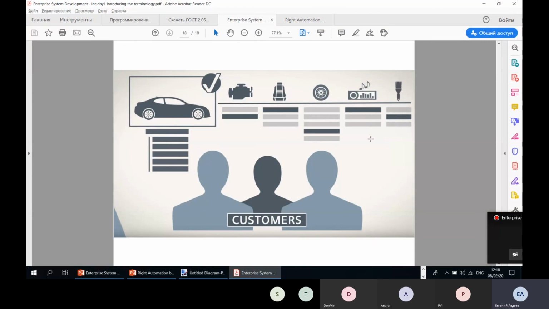Also, of course, it's not shown on this image, but customers can provide information about what they like in our product and what they dislike. They can provide this information through special services, like official services of our company, and we can use it for future development of our next products.